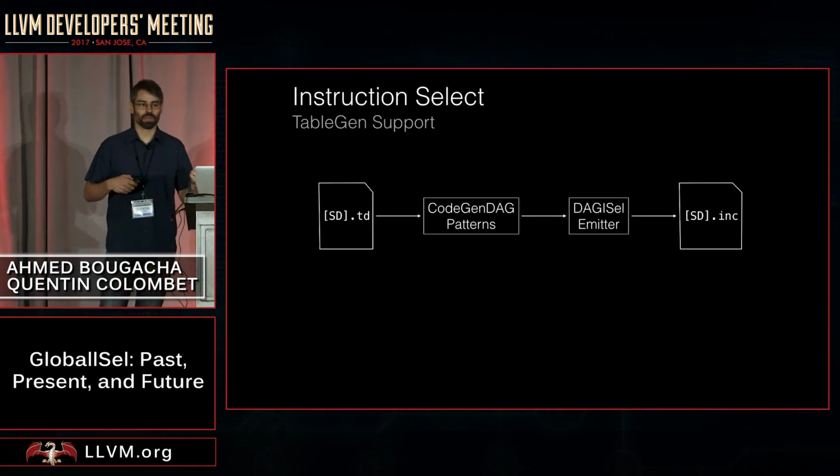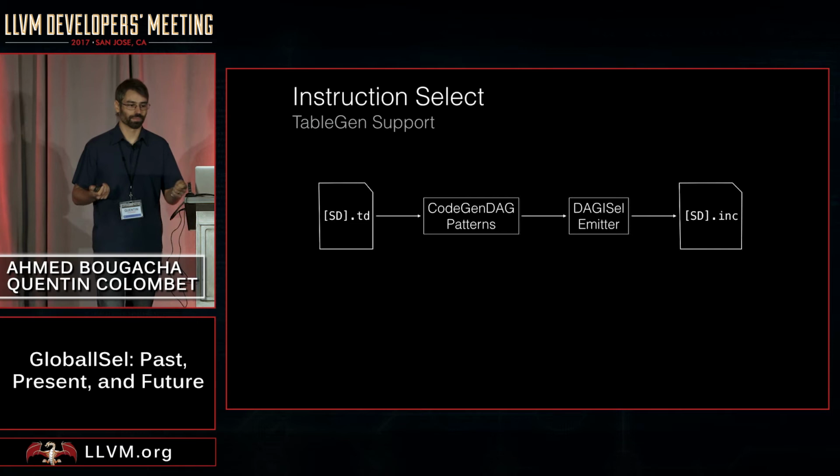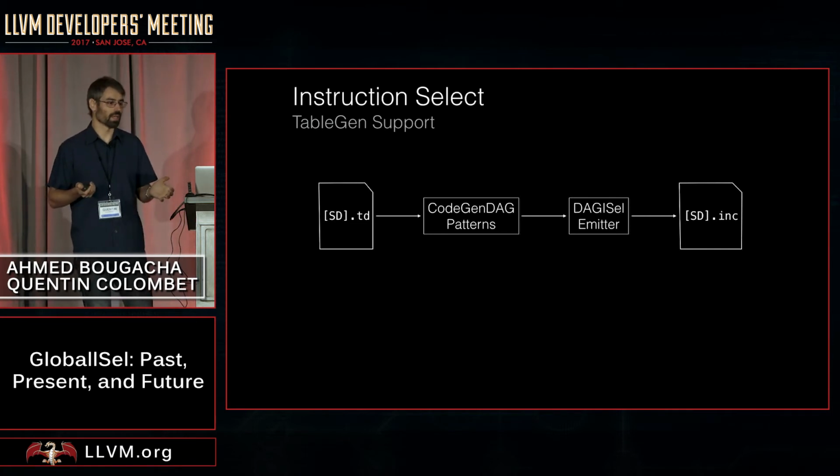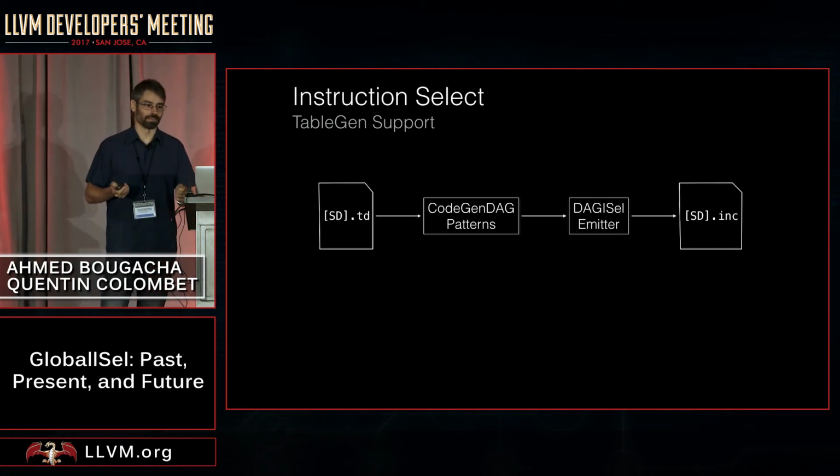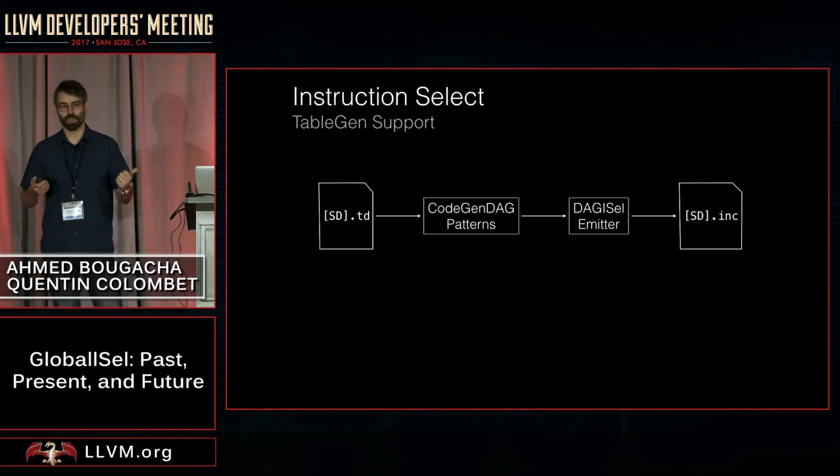So let's look at how TableGen works right now. On the left, it's taking this SelectionDAG target description. It feeds that into the CodeGen DAG patterns, which does the pattern fragment expansion for you, but also generates the additional patterns for commutative operations and all this kind of interesting things.